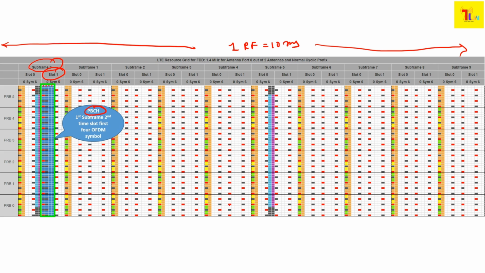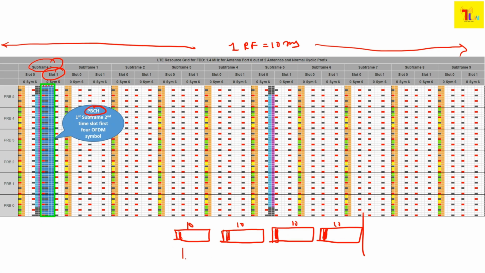So after four radio frames, one, two, three, four, here PBCH is decoded, here it is decoded, and here, totaling 40 millisecond. After 40 millisecond, your original MIB is going to be decoded.